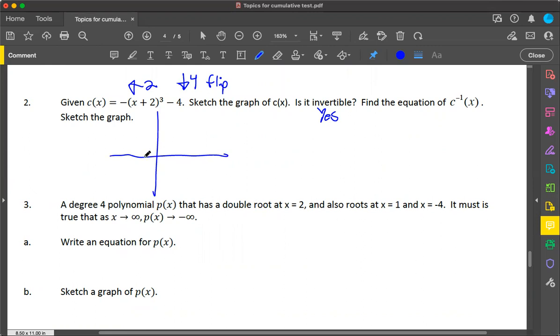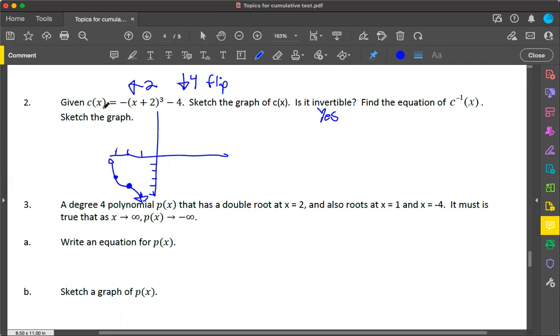The following: 1, 2, 3, 4, 5. There you go. So -2, -4, that's a good point for sure. Also -3, -3, and -1, -5. So that's C of x as a quick sketch.